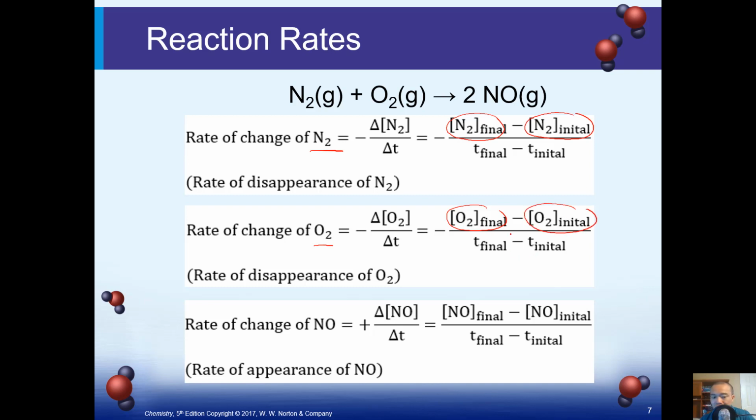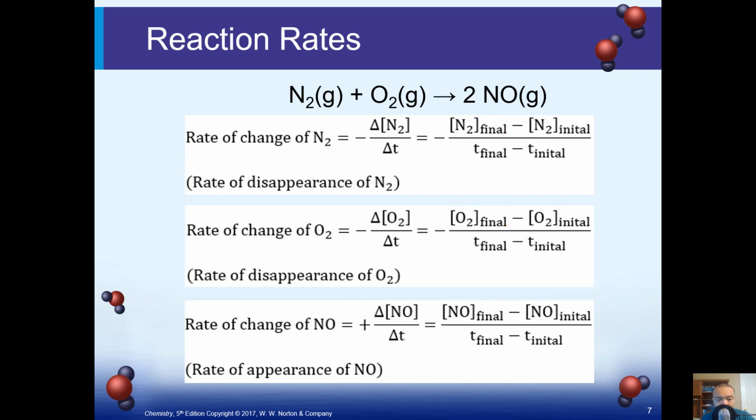So the change will be a negative number. That's why we put a negative sign before the whole term. So the rate based on the change of nitrogen or oxygen will be positive.